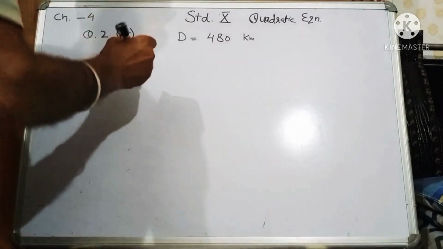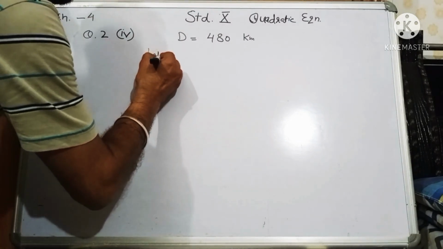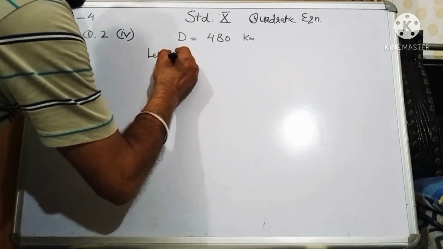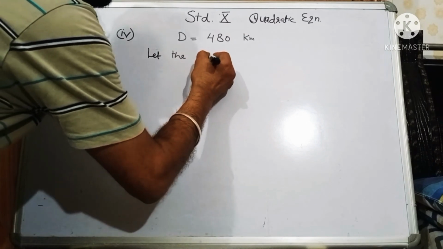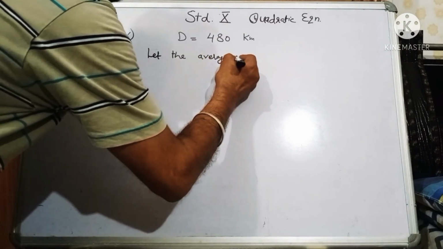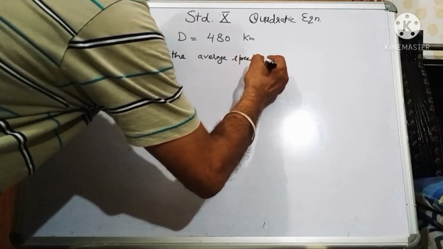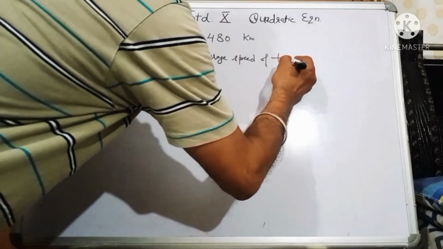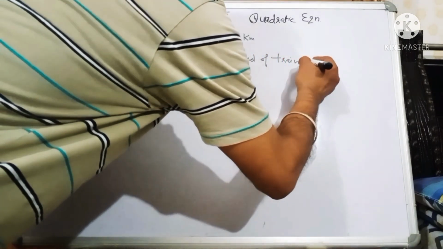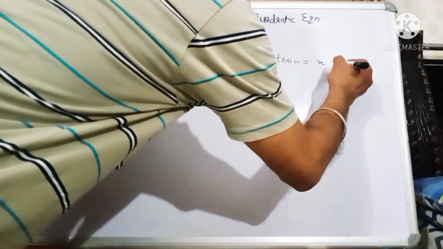Now, let the average speed of the train be x km per hour.